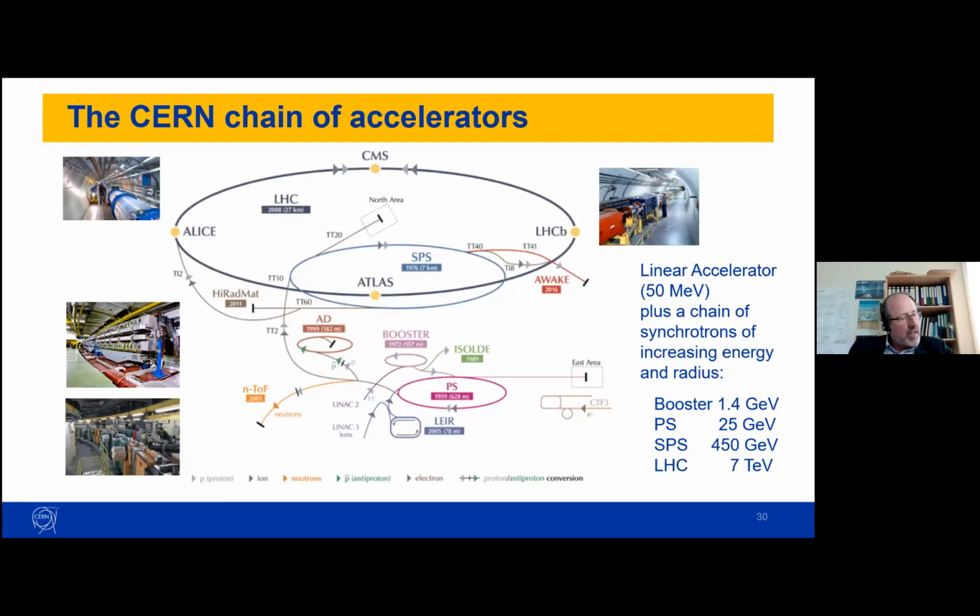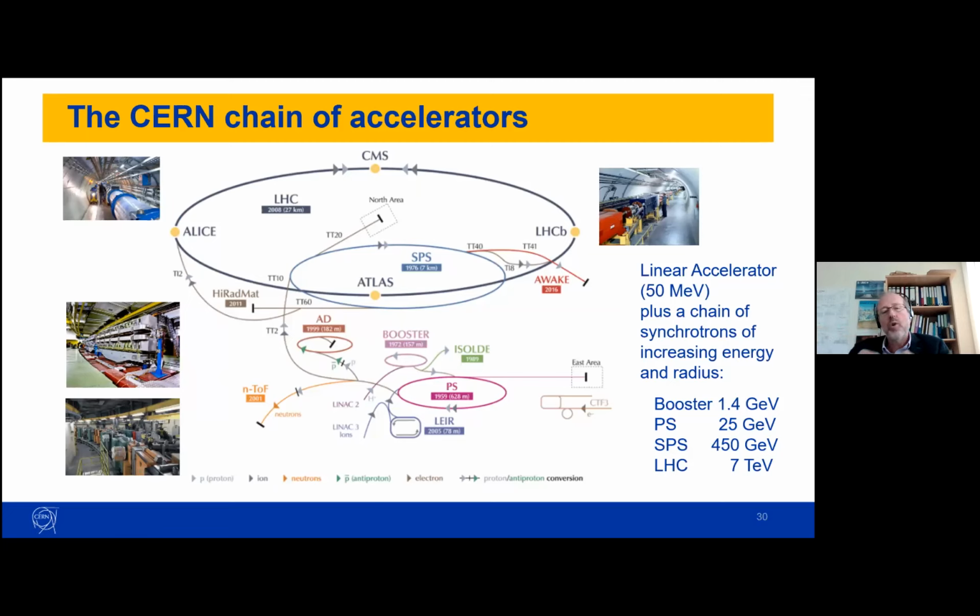I'm approaching the end of my first lecture. This is just a scheme of the CERN chain of accelerators, to show that because we are limited by the field in the magnets and by the dimensions of the synchrotron, if you want to reach higher and higher energies, the only solution is to go from one small accelerator to a larger one, in steps.